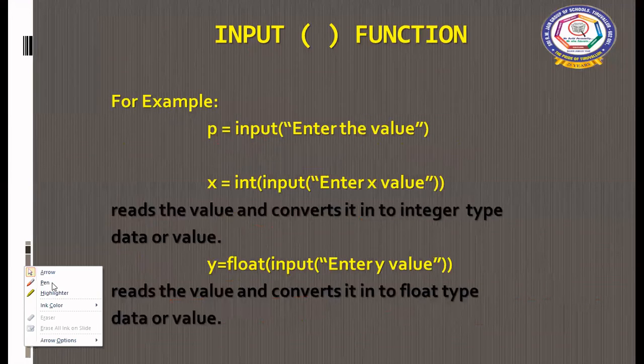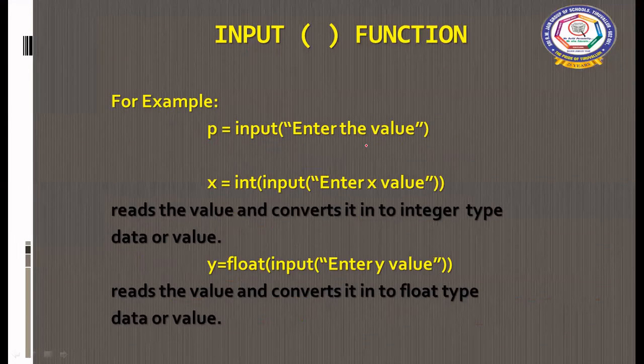Now here we have three types. P equal to input of enter the value. X equal to int of input of enter the value. Y equal to float of input of enter y value. In the first case, we don't have any data type specified, so it reads the value from the user in the form of a string type.